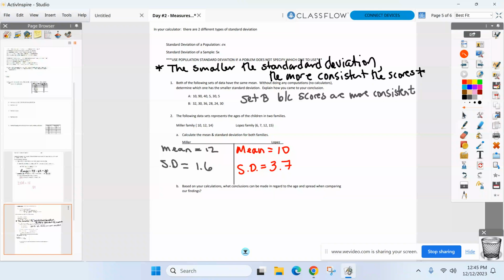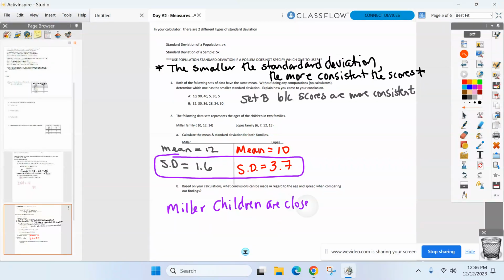Okay, so what can you tell me about their spread and their ages? I know you can just look at it and tell, but now I want you to focus on the standard deviation. What can you tell me about their ages? The Miller kids were more consistent, closer in age, because they've got the smaller standard deviation. The lower it is, the closer everything is. So this can tell me the Miller kids are closer in age just by looking at the standard deviation, because it's lower.